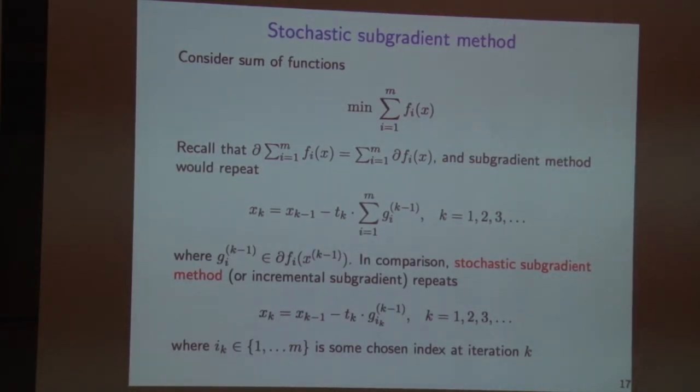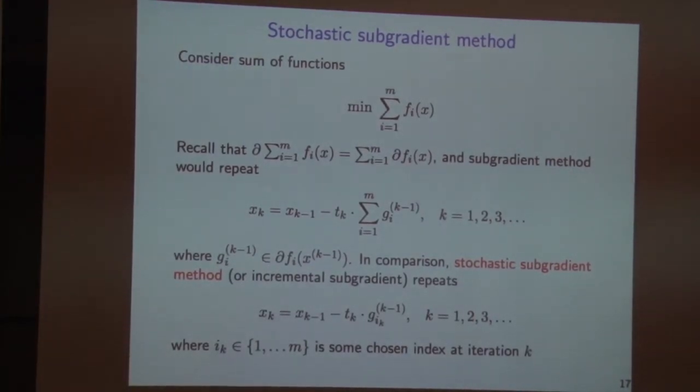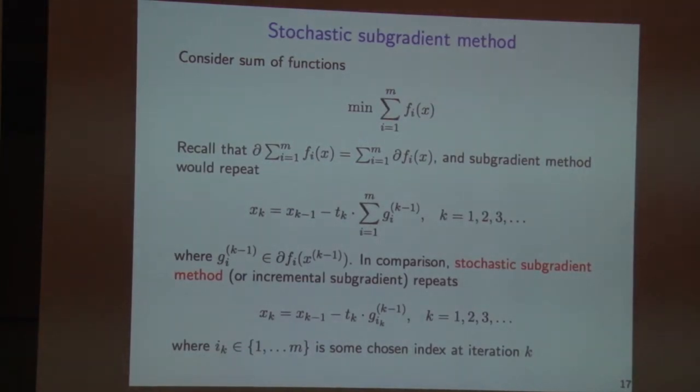So we're going to be in a situation now where we're considering a sum of functions. Instead of optimizing a single f of x, we're optimizing a sum of f_i of x. Oftentimes we might think of f as a sum of functions. When is that true? Almost any time we're doing some kind of empirical risk minimization, where we're building a loss function over the data, and m here would be the number of data points, n, say, in our data set.